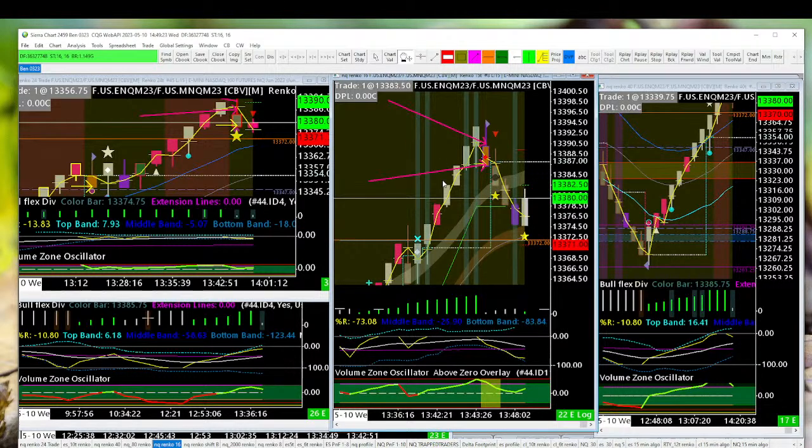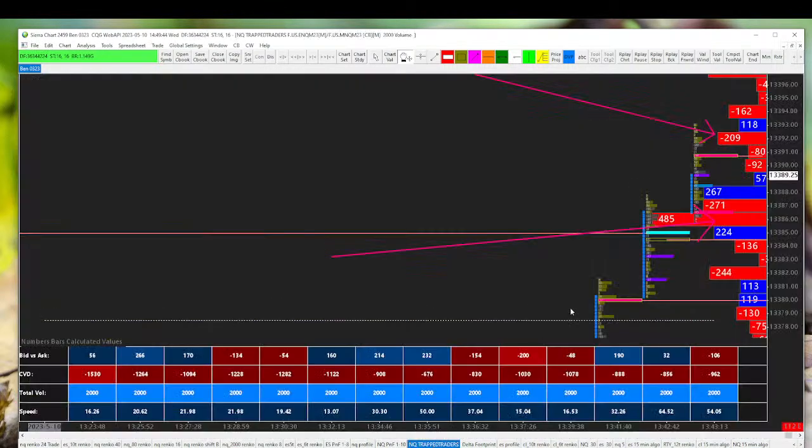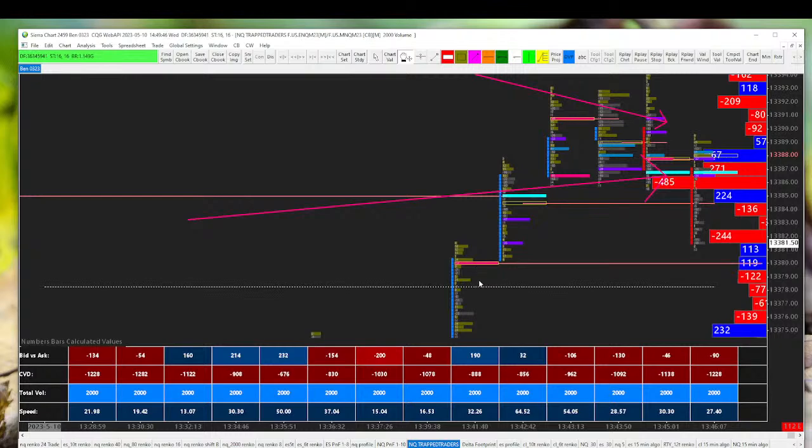I've gotten so familiar with how the Renko bars form and what the algo does in certain situations that it's become so much easier for me to click the button and stick with the trade through my plan, rather than constantly looking at this and wondering, was that enough volume?